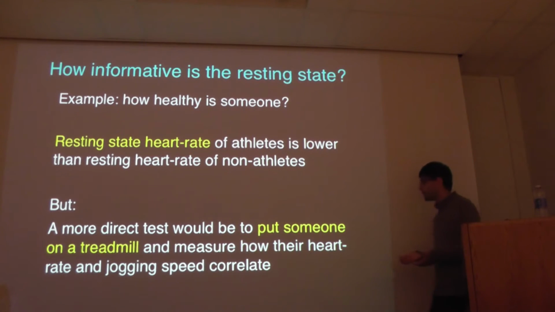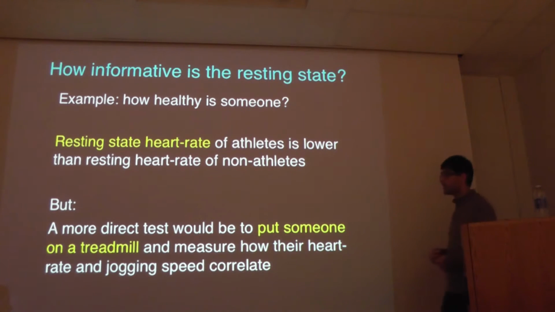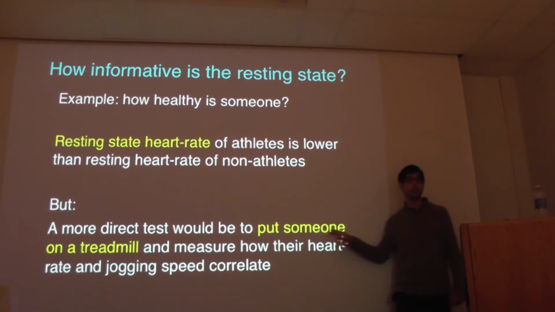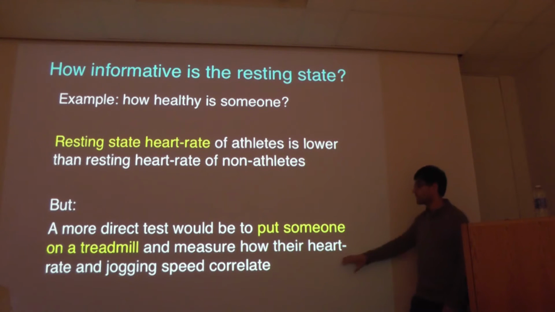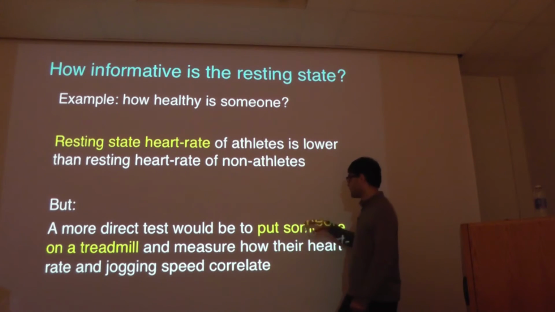But if you go to the doctor's office and say, doctor, I'm worried that I've got a heart condition, he's like, okay, let me hook you up to this EKG machine. I'm going to put you on a treadmill, and I want you to jog as fast as you can. And he's going to see what happens to your heart rate and how that relates to your jogging speed. You can see the relation to a task, right? You give someone a task, you measure the behavior on the task, how fast they're running, and you look at the response.